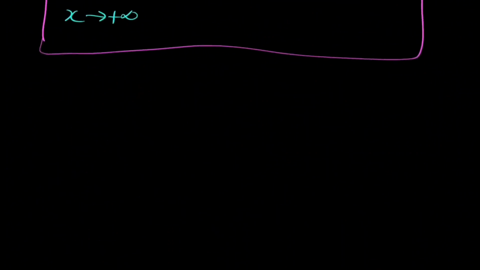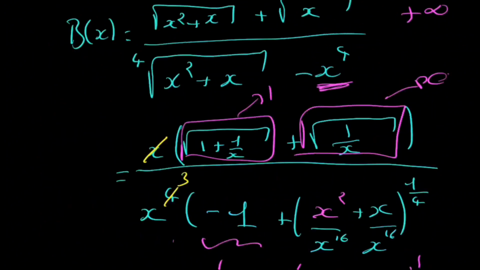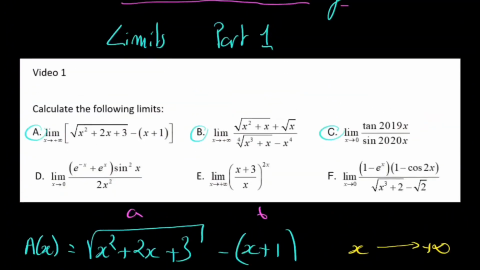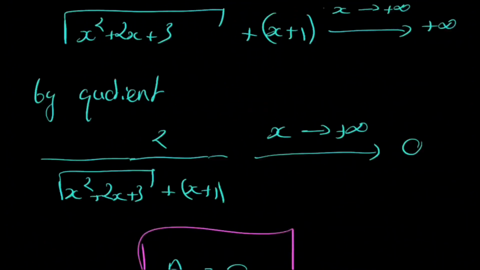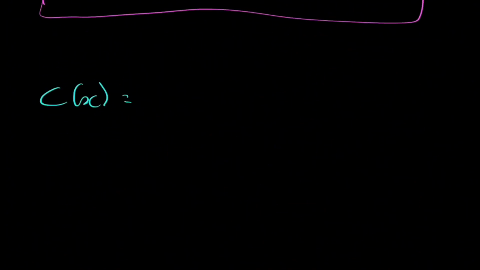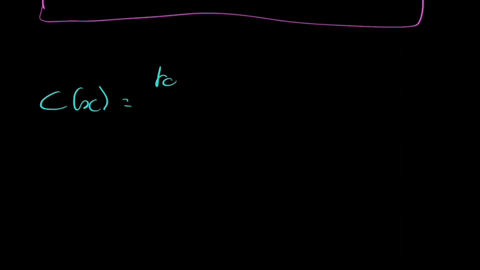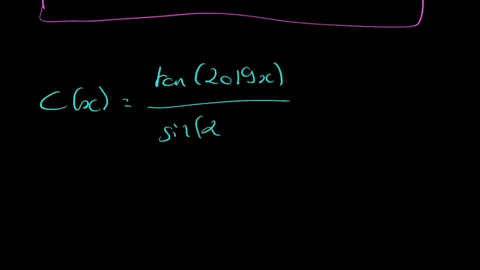The third one, c of x, is equal to tangent of 2019x over sinus of 2020x, and we want the limit when x tends to 0.